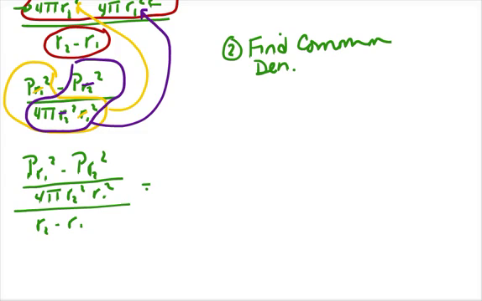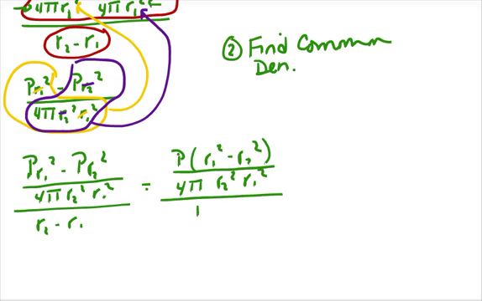You can pull out, we're still working on the numerator because that's still the messiest thing, a P, and you're left with r1 squared minus r2 squared all over 4 pi r2 squared r1 squared, and I'm going to do one thing in one step.